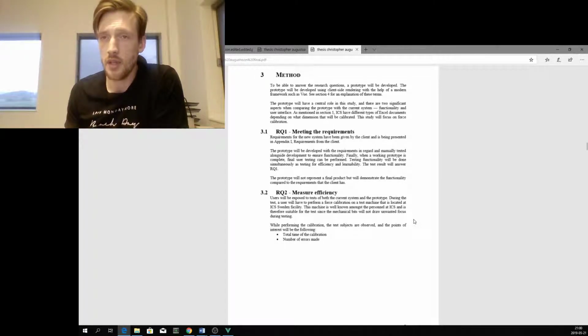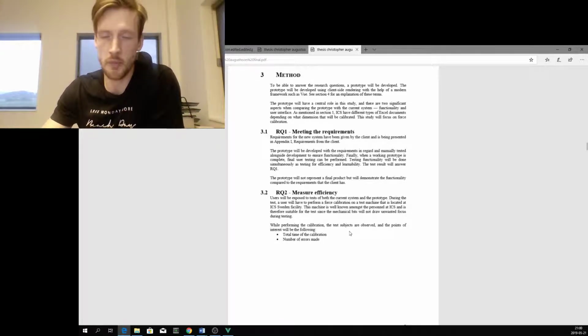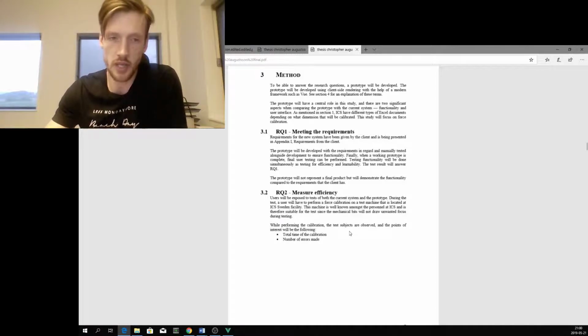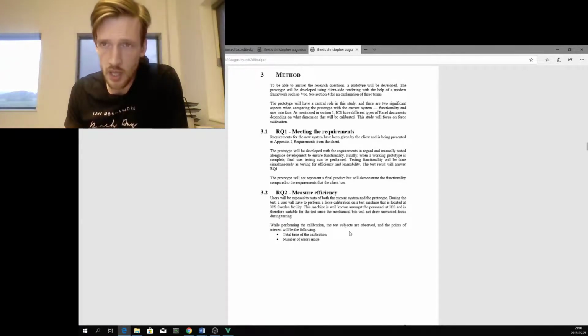And on top of having the prototype, there has also been user testing. Now there have been 2 types of user testing that took place in 2 different locations at 2 different times with 2 different types of users. When measuring efficiency, the users have been experienced in the current system and were actually introduced to the prototype.